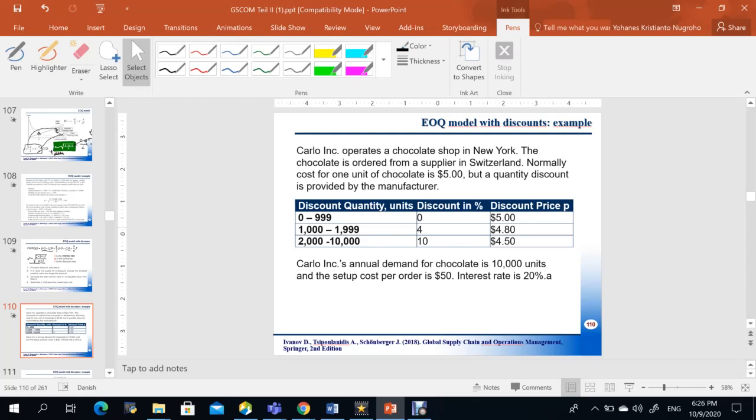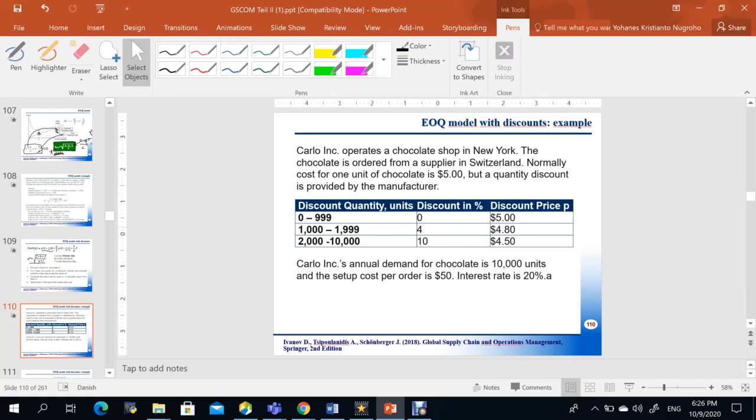But if the order increases from 1,000 to 1,999, then the chocolate supplier will give a 4% discount, and therefore the price will be $4.8 per unit of chocolate. And if Carlo Incorporation would like to again increase the order from 2,000 to 10,000, then a 10% discount can be given. And therefore the price will decrease by 10% from $5 to $4.5.